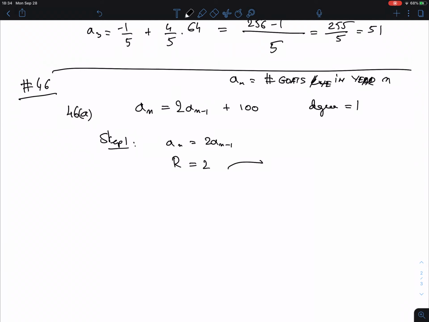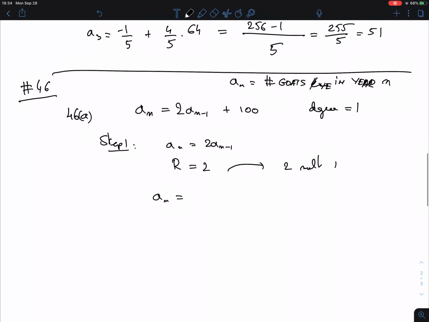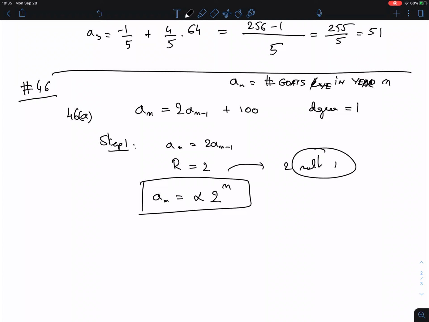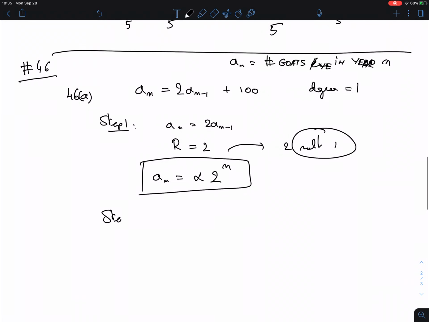So this means that 2 is a root with multiplicity 1. That means that an can be written as a constant, that's the degree minus 1 here, times 2 to the power n. So that's how the solution looks. It's basically a geometric sequence.